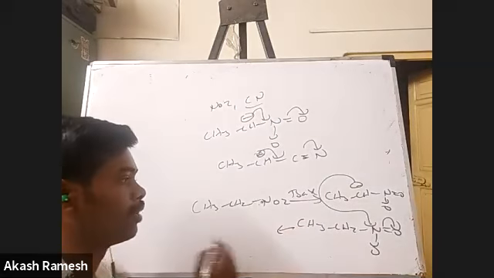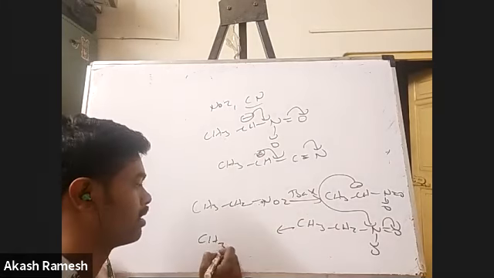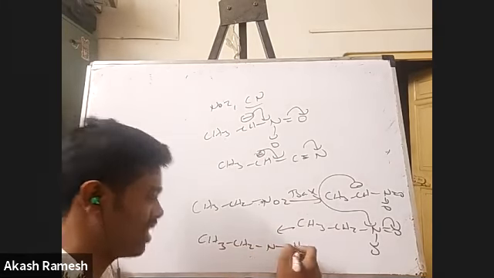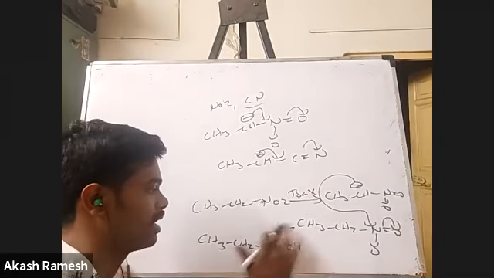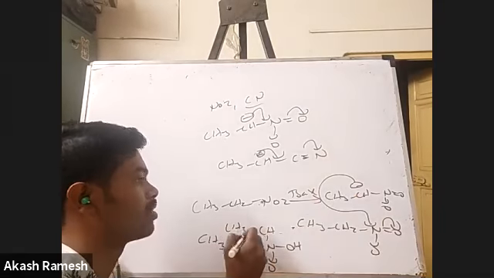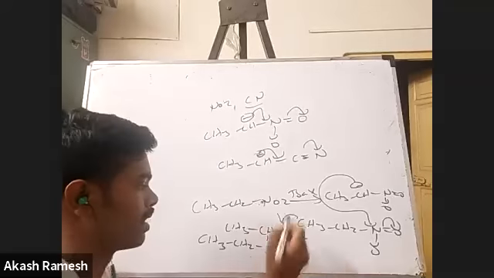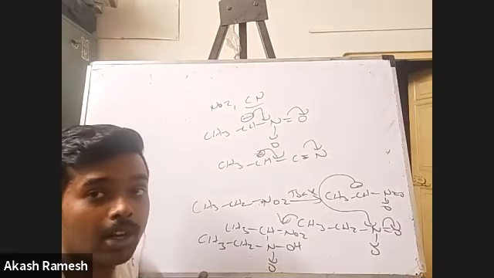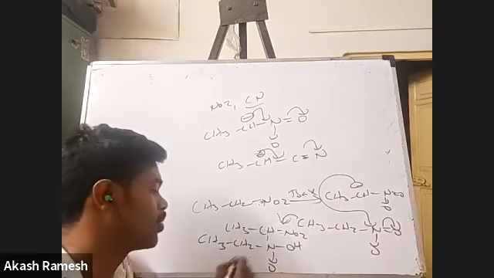So what will form? If I start here, I'll be forming CH3CH2NOH. This will become O minus, taking the H plus, and here I have a CH with the CH3 and an NO2. This would have been the product. But this doesn't undergo any elimination of a water molecule. No, that doesn't happen. This will be the final product.